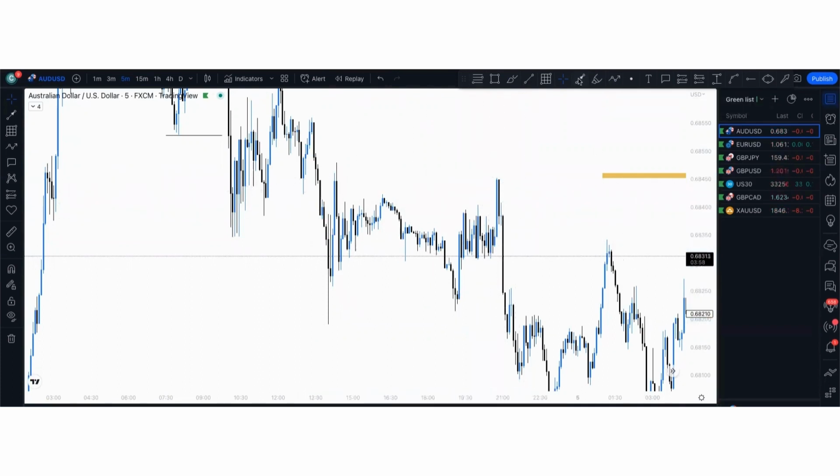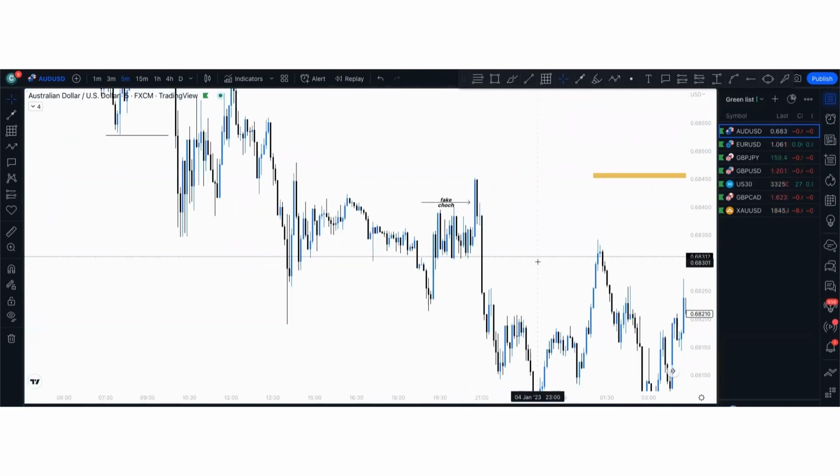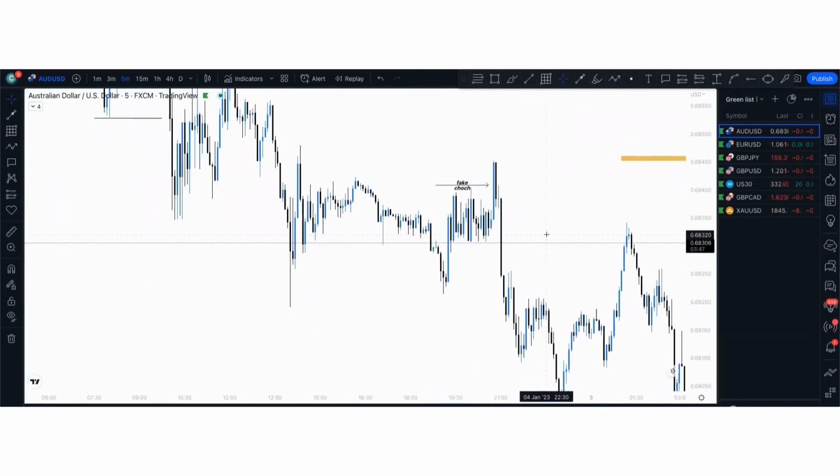So maybe the price is changing its character, but it's actually not, because you always want to have a confirmation.